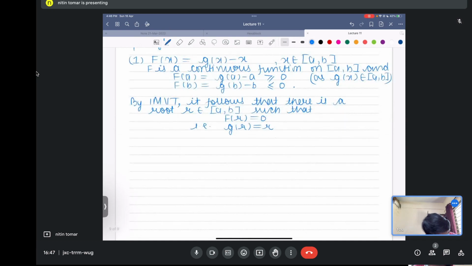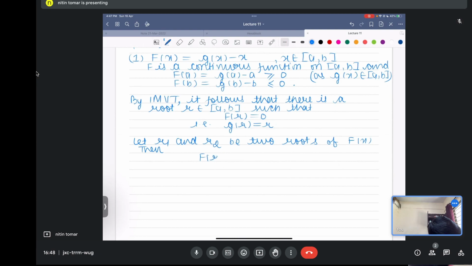Okay, now let us suppose that there is another root. Let R1 and R2 be two roots of f, then from again mean value theorem, what do we have? (f of R1 minus f of R2) upon (R1 minus R2) will be equal to some f dash zeta, with zeta belonging to (R1, R2).